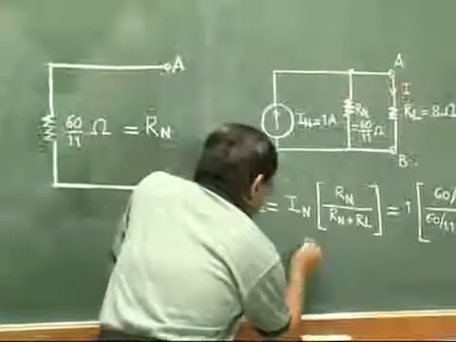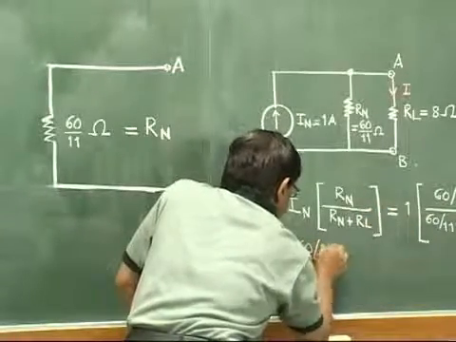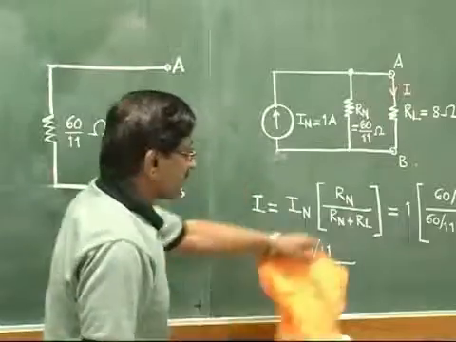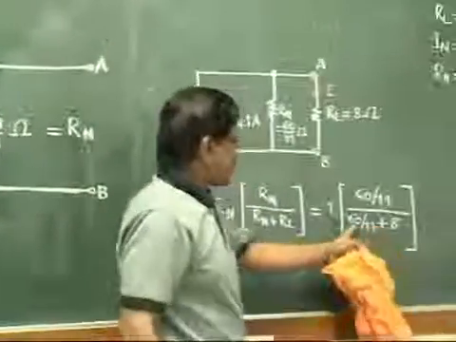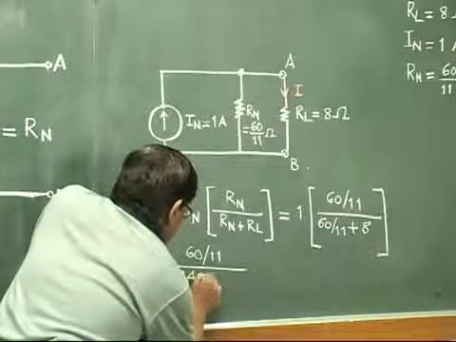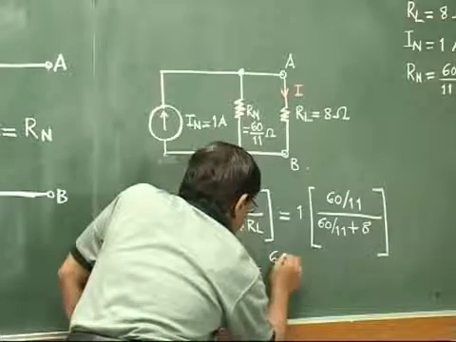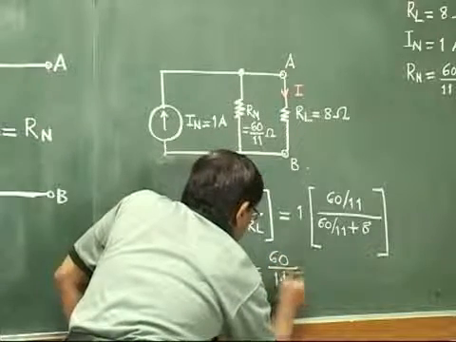So it will be, this 1 into 60/11 is 60/11. And in the denominator, this sum will be 88 plus 60, 148/11. So finally it goes to 60 divided by 148.